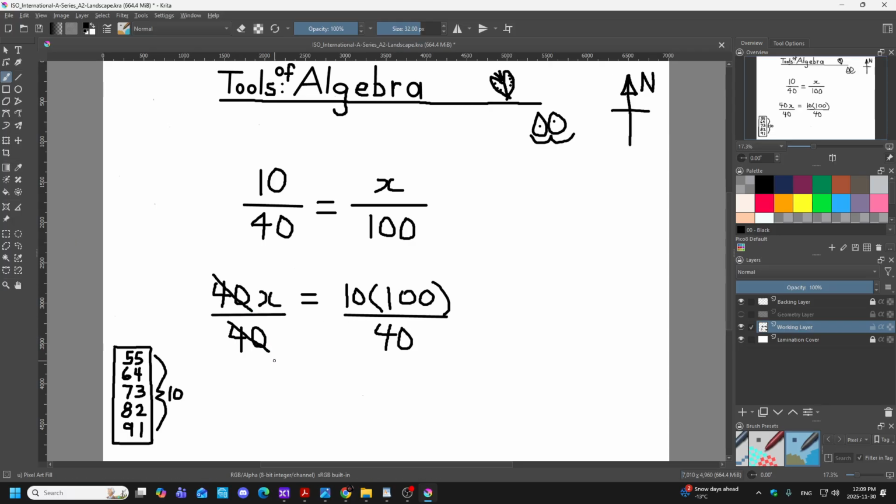Now we're canceling. So we're left with x equals 10 times 100, all divided by 40. I can still cancel a 0 here, guys and gals.